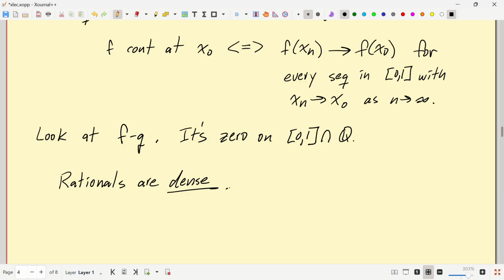So how would I cook up a sequence? Any ideas? Here's my x naught. How would I get a sequence that tends to x naught that's rational?